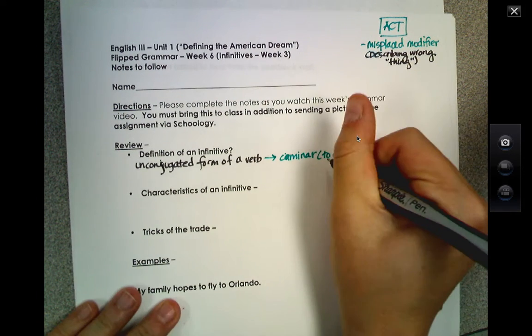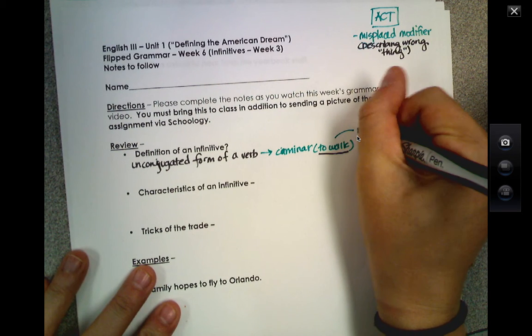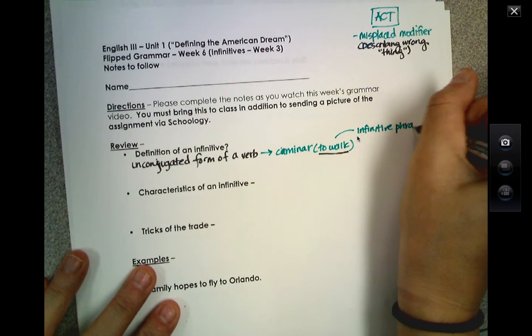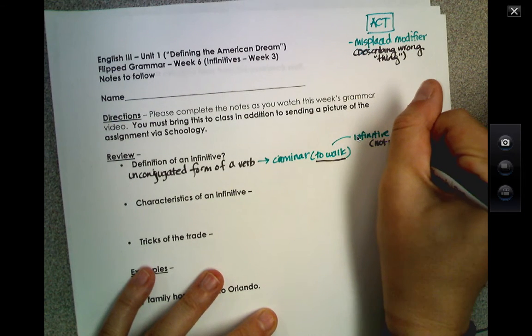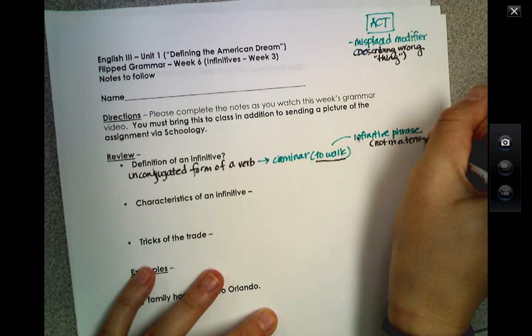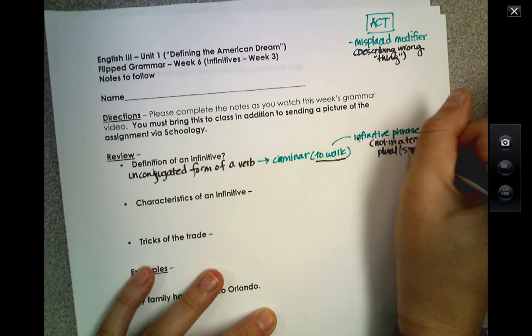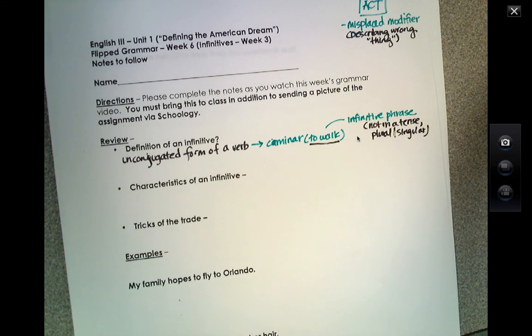This to walk idea is going to be that infinitive phrase. It has not been conjugated. It's not in any particular tense. We don't know if it's plural or singular. It is just there. We see this a lot and it's a modifier, it's changing something, it's talking about an adjective, the subject, or a noun, or it can act like that too.